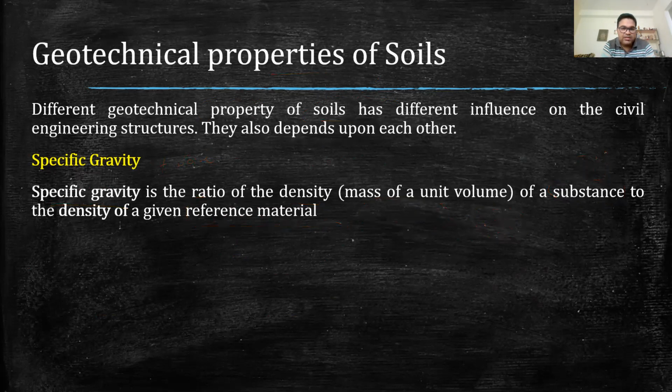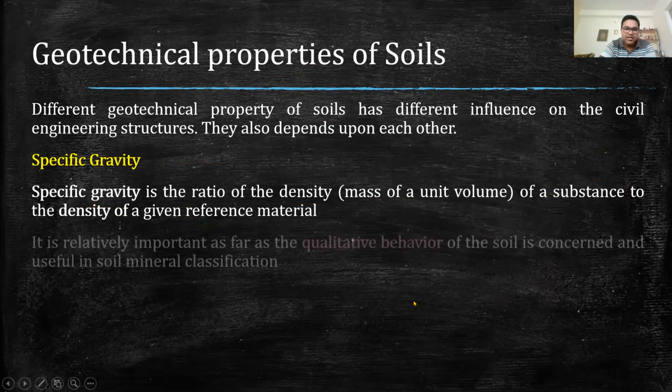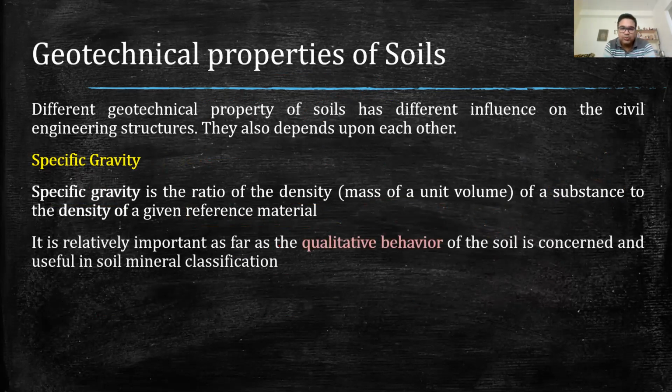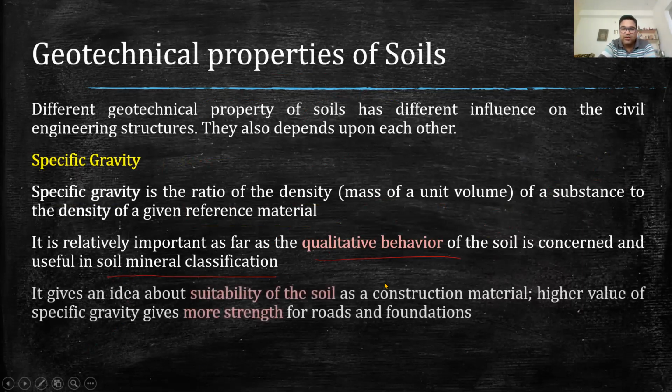This specific gravity is very important to understand the qualitative behavior of the soil, and also to understand the soil mineral classification. If there is iron in the soil, then the specific gravity of the soil is higher. It also gives an idea of the suitability of the soil, whether the soil is suitable for the foundation or not.